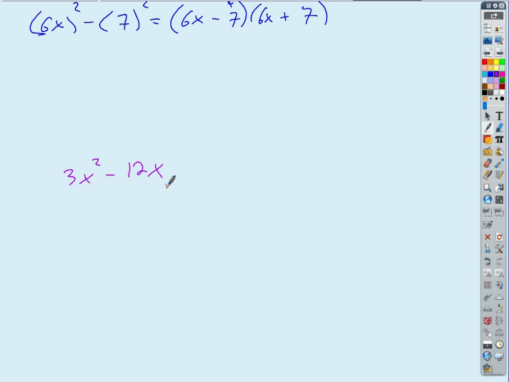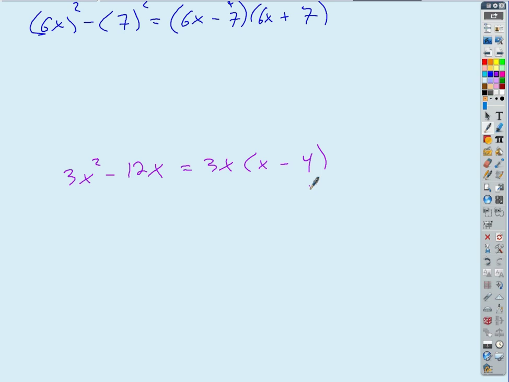What's the only thing we can do here? I could undistribute a 3x. If I undistribute a 3x, what's left behind? x and minus 4, right? And we're done. That's it.